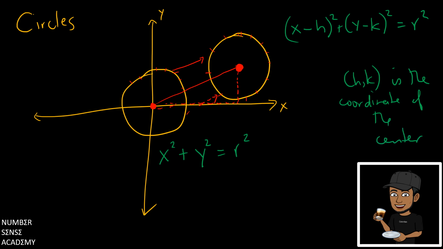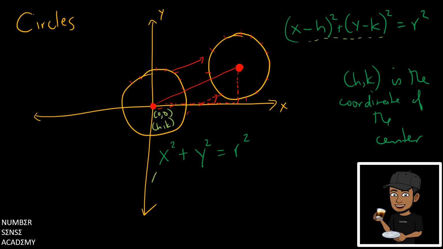Now, you should be able to see that these two formulas are the exact same. How I'm going to demonstrate it is, if h, k represents the center and I have this equation, what would it look like here? Well, we know that the origin is at 0, 0 here, and that would be h and k.